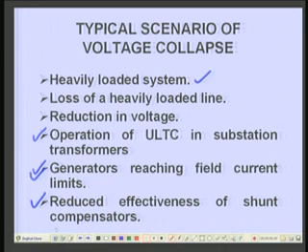Although sometimes what happens is that when the voltage drops, some of the loads start consuming less power, because the power consumed by the loads depends upon the voltage. When they consume less power, there is a possibility that the system will stabilize to a low voltage, but at an acceptable level.